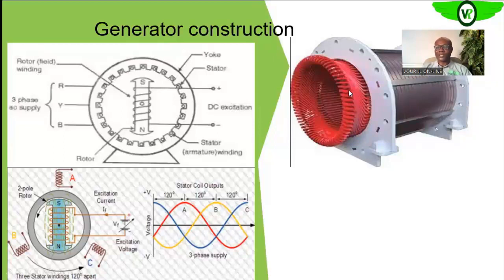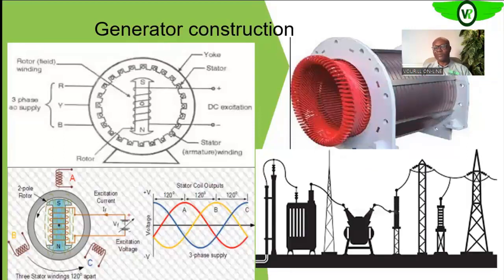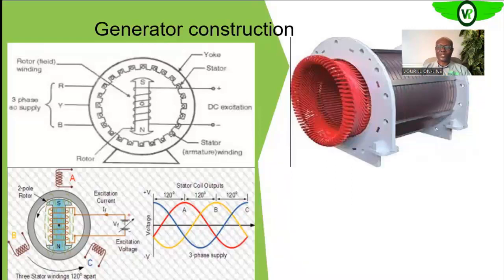And this will be available at the output terminal of your generator, which will eventually be sent in your power station to your transmission transformer, okay, and then to your transmission system.